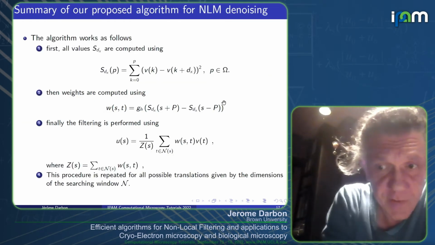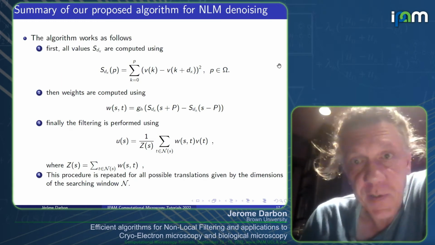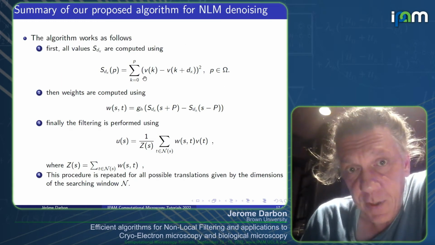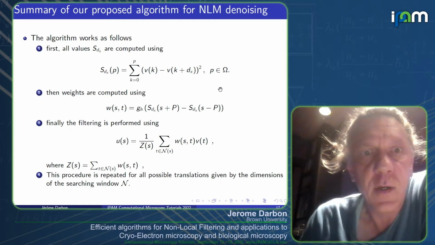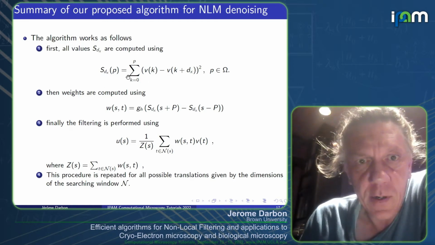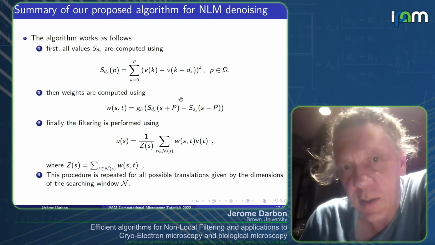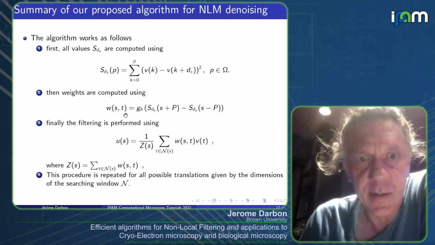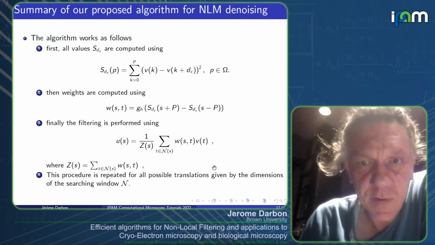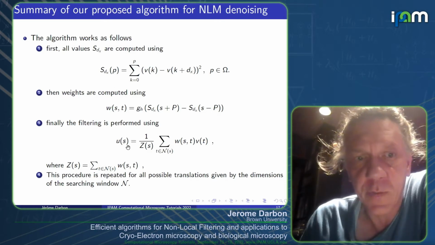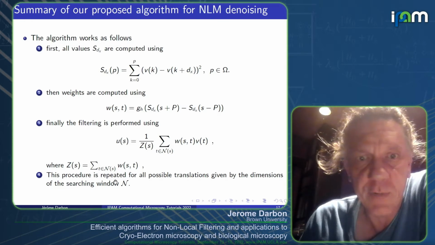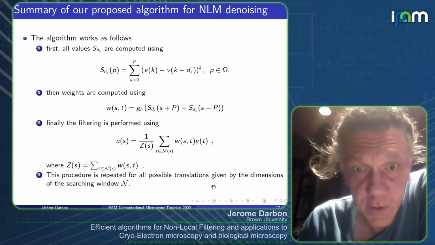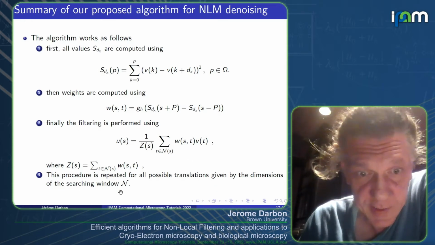So the summary of the algorithm is as follows. We compute the cumulative sum of the image minus its shifted version squared. Once you have computed all these quantities, then you can use it to compute the weights. And once you have the weights, then you can compute the value of the restored image. And you have to repeat this process for each possible dx.